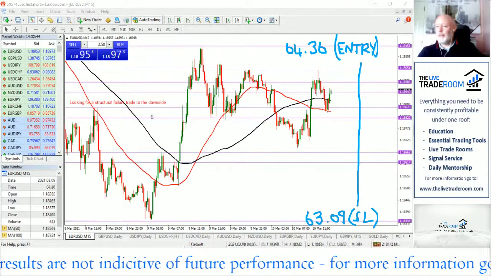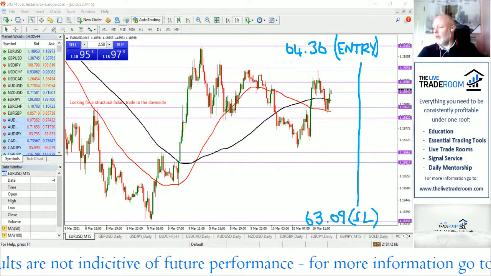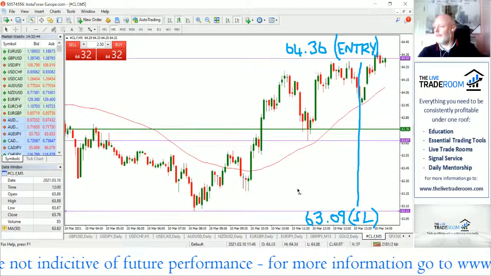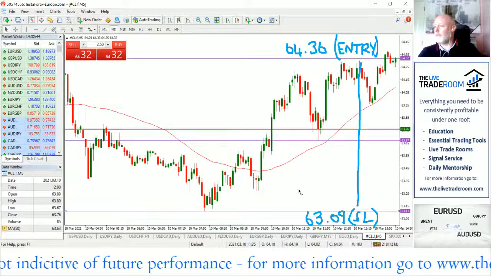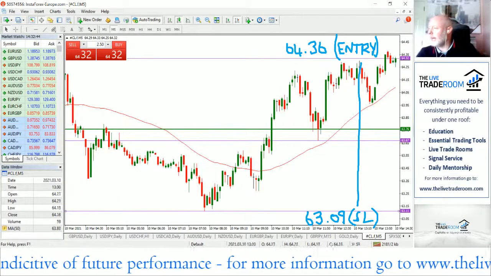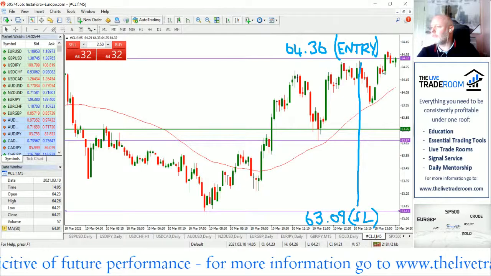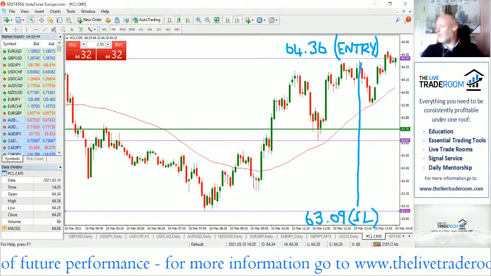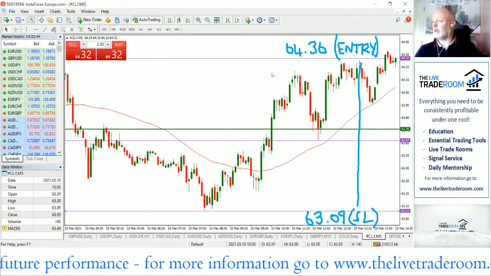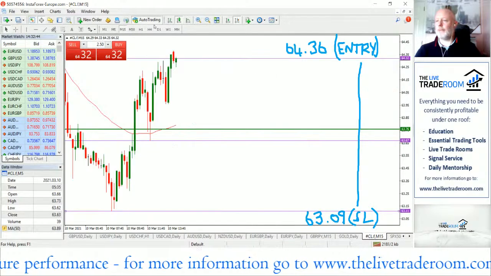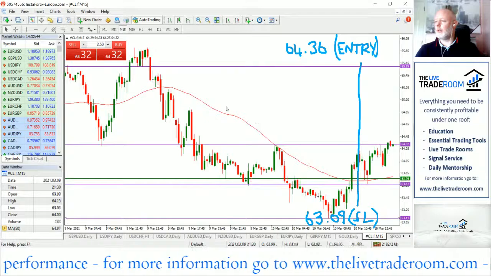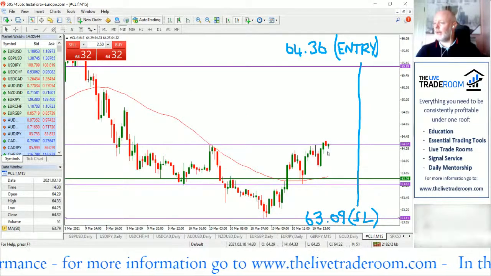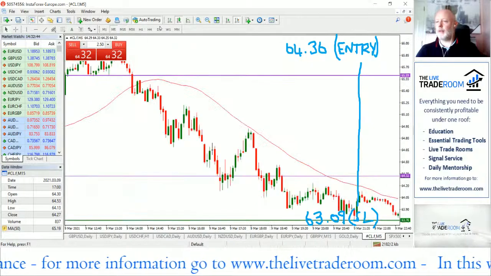Right, so we're getting that move now in the oil trade. Let's have a quick look at that. We're getting quite close. Potential buying opportunity beginning to creep in. You can have a look at it on the 15-minute, so you can see that we're hopefully going to get a little bit of a push to the upside.